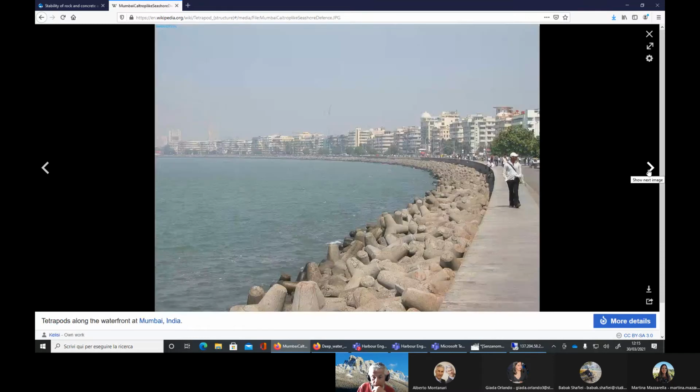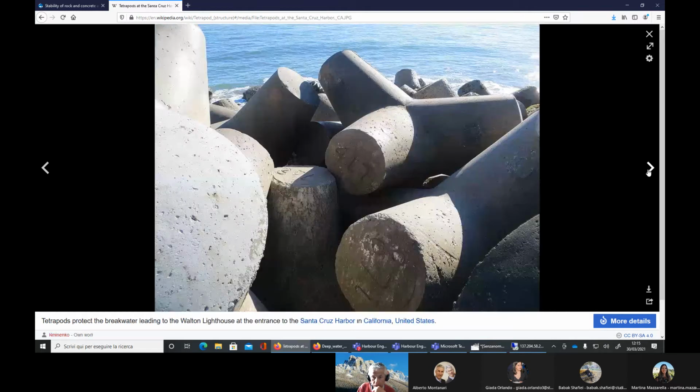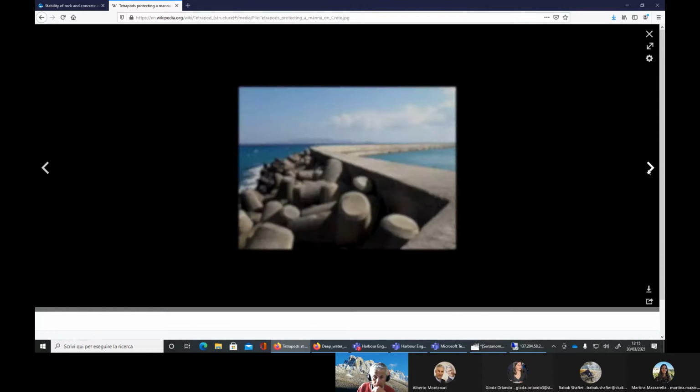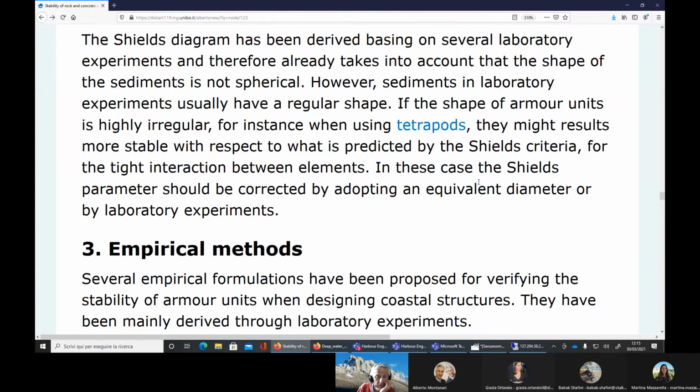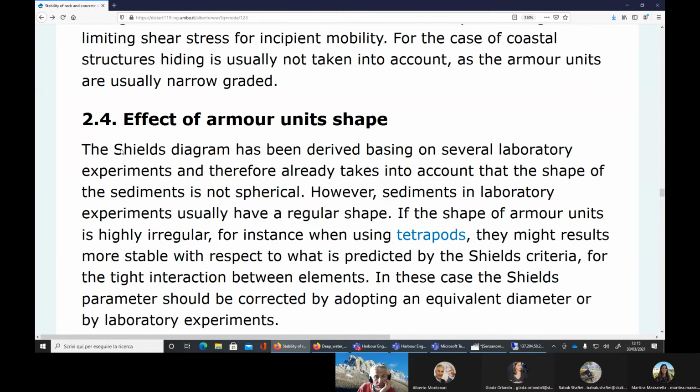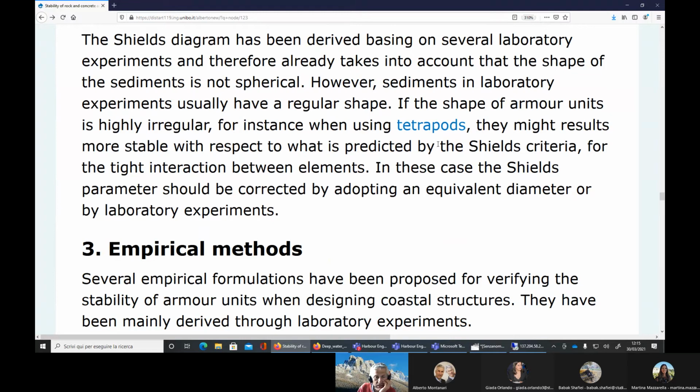Here you see again tetrapods protecting a seawall. And here the picture which I used in my web page. And here there is another example. The look is not really nice, but still it's not so horrifying, let me say. Okay, but we are not considering this effect, as I said.